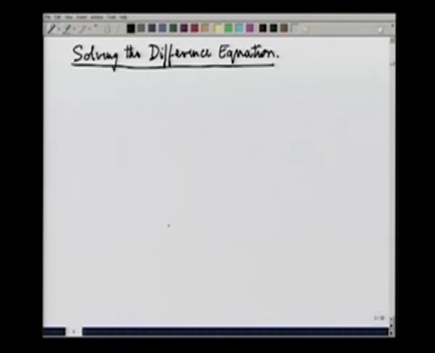Right. So, if this is the difference equation, we will first look at solving the homogeneous equation.